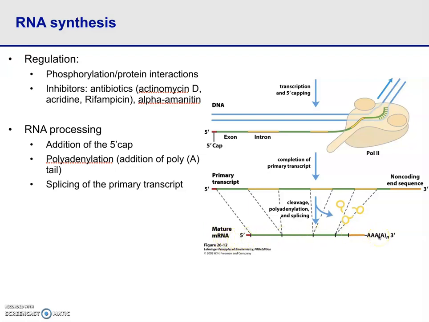That processing involves three main processes: adding of a 5' cap, which is part of the 5' untranslated region. Also adding a 3' polyadenylation tail, which is part of the 3' untranslated region. And also splicing of the primary transcript into its mature form.